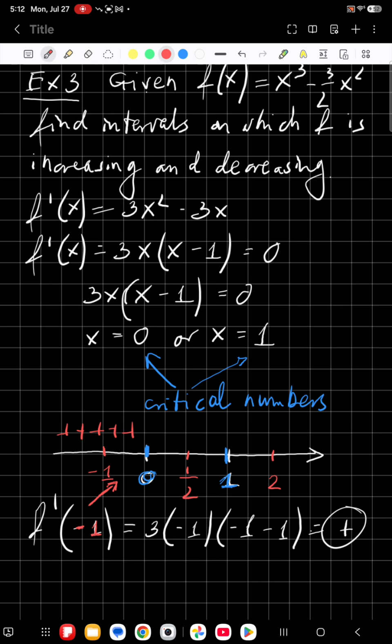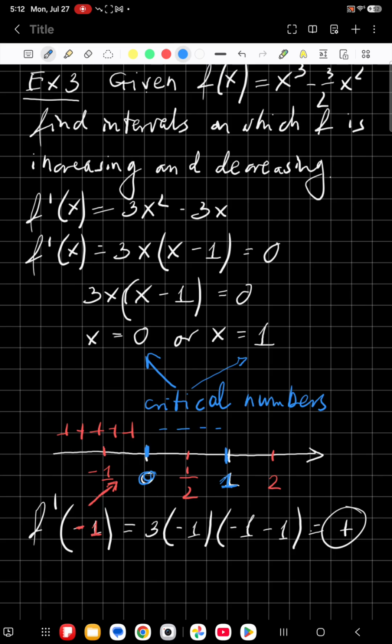Okay, and then we'll do the next point, next testing number. So we plug that number into the function, and we get 3 times a positive number, and here positive half minus 1, so that's going to be negative. So that second interval will be negative.